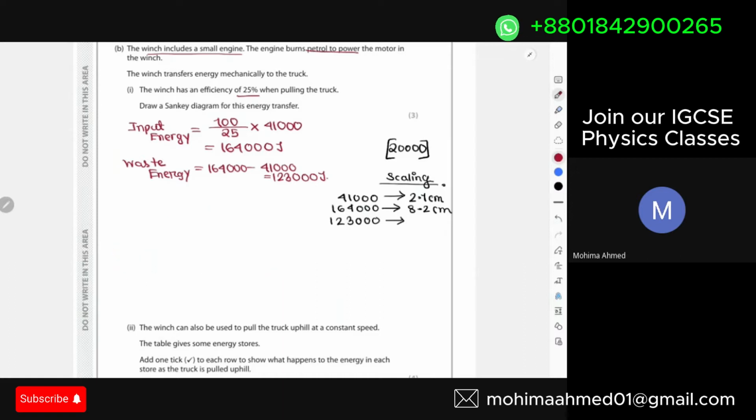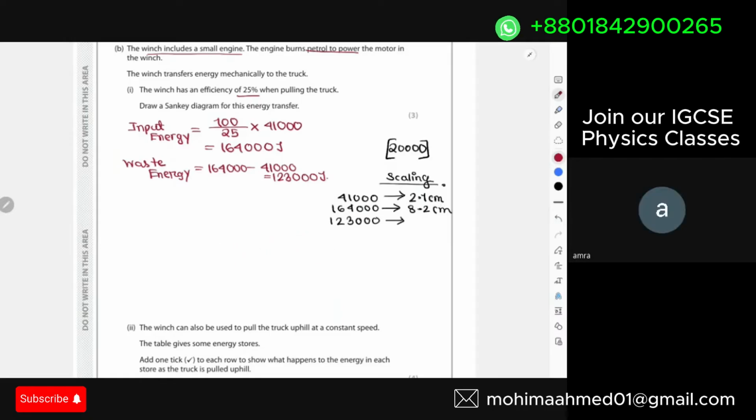But maybe if you are getting lengths like 20 or 15, you would not be able to fit them in. So that's why I try to use any number that gives you a moderate number, like 5, 6, 4, 3, 2, or maybe 1 also, that is acceptable. But if you're getting very small data, maybe 0.002 centimeters, how would you measure that, right? So you should use any number that gives you quite easy numbers to measure the Sankey diagram with.